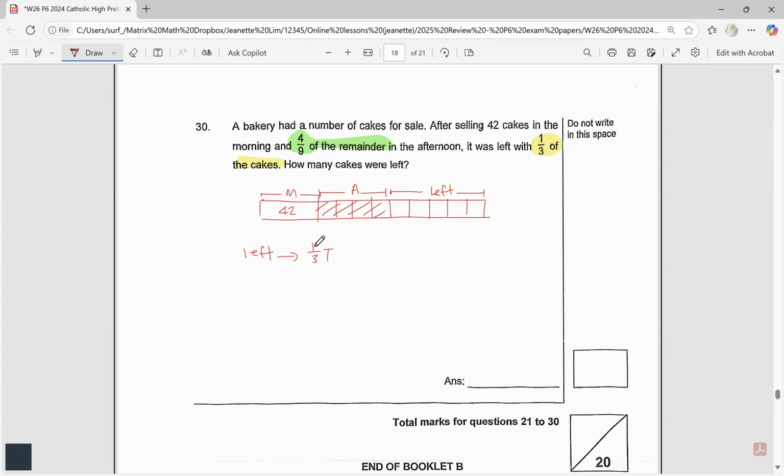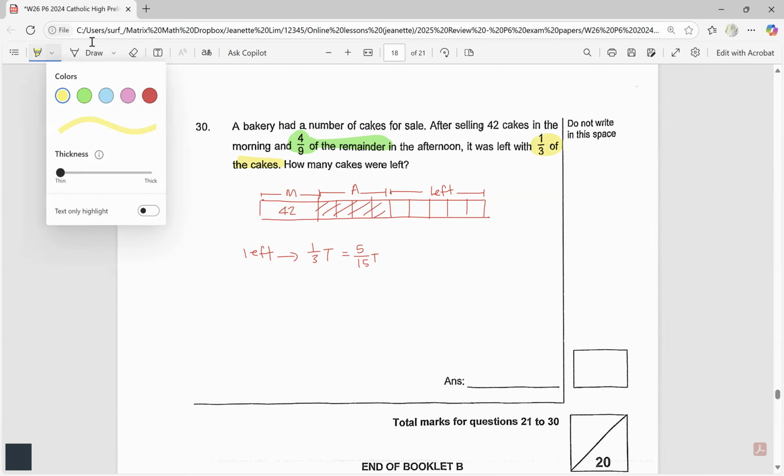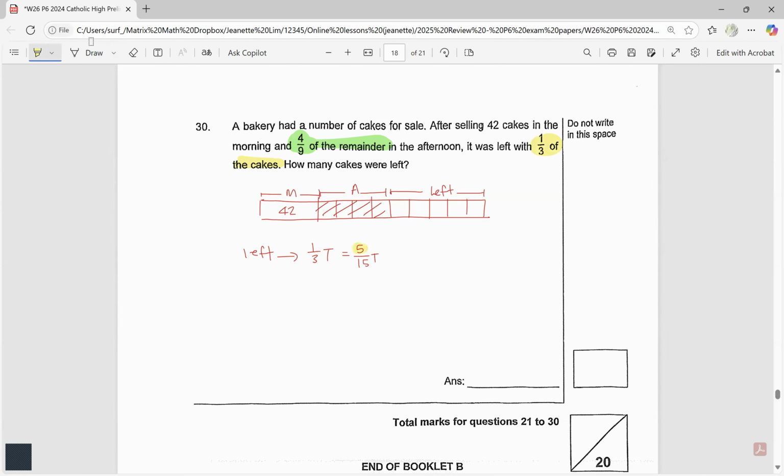So I will change the fraction to be consistent with the model. The amount left is 5 units. So I'll change the fraction into 5/15. 5/15 now, which means that this 5 units is actually this 5 units here. So what does it tell you about 15?